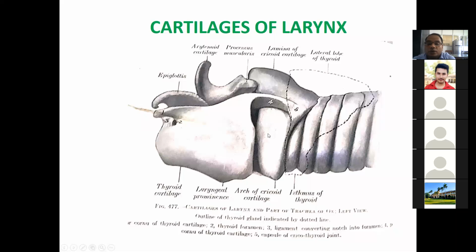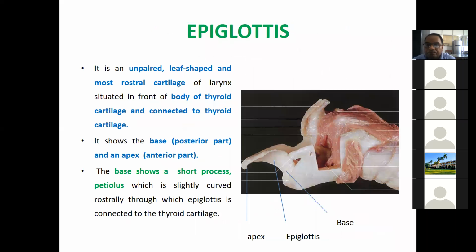And you see some ring shaped structure, this is the cricoid cartilage. So this is the cricoid and the thyroid, epiglottis, and the arytenoid. So these are the four cartilages of the larynx in the case of the ox. Now we will see them one by one.